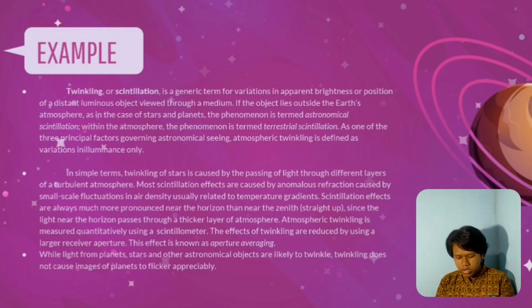Twinkling does not cause images of planets to flicker apparently. Stars twinkle because they are so far from Earth that they appear as point sources of light, actually disturbed by Earth's atmospheric turbulence, which acts like lenses and prisms diverting the light.